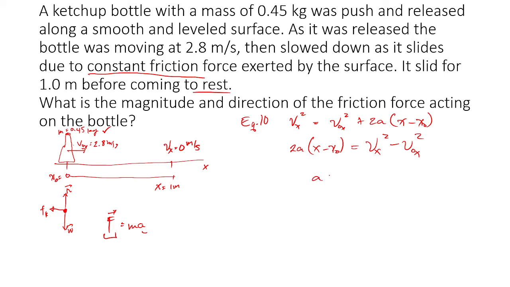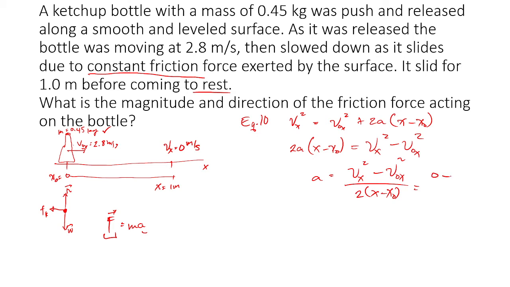So we will have your acceleration will be equal to vx squared minus v naught x squared over 2 times x minus x naught. Okay? So that will be our acceleration.